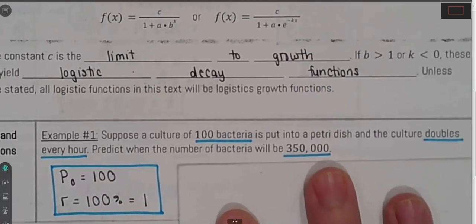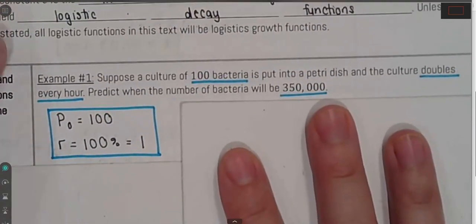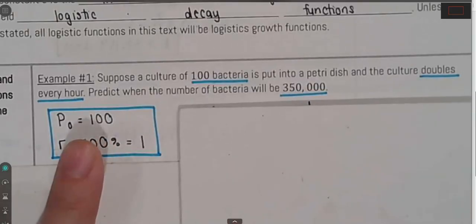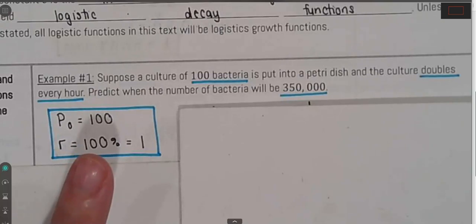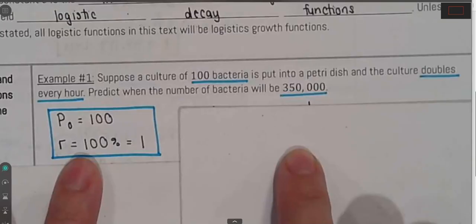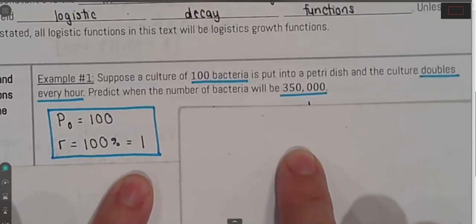Okay, our initial amount of bacteria is 100, and if it's doubling, that means it is increasing 100%. Right? It's increasing 100% every hour. 100% written as a decimal is 1.